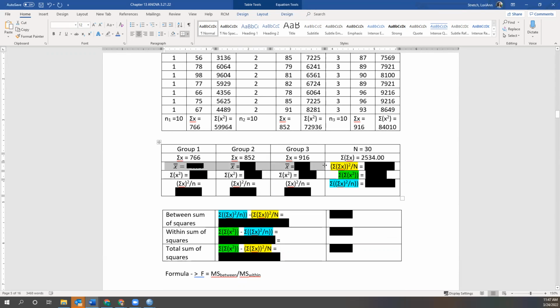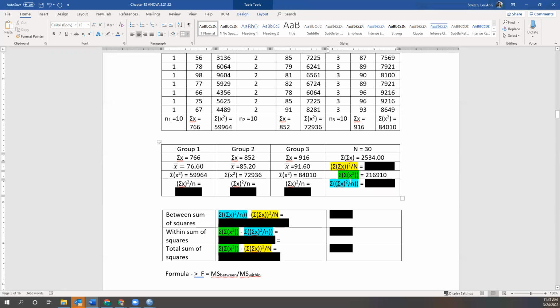I'm going to do my means. And then I'm going to do the summation of x squared, which is this right here. So I'm going to bring down group 1, group 2, and group 3. And that summation of x squared is this green one. And I'll tell you why I have colors in a second.